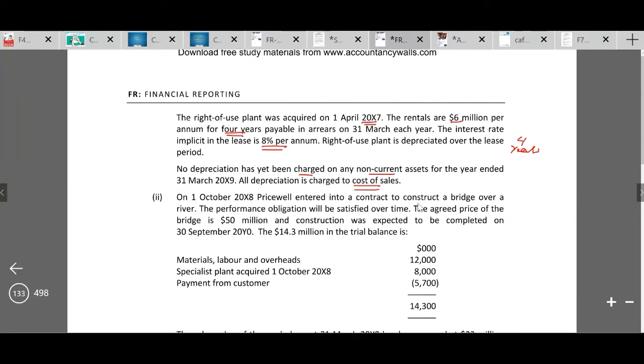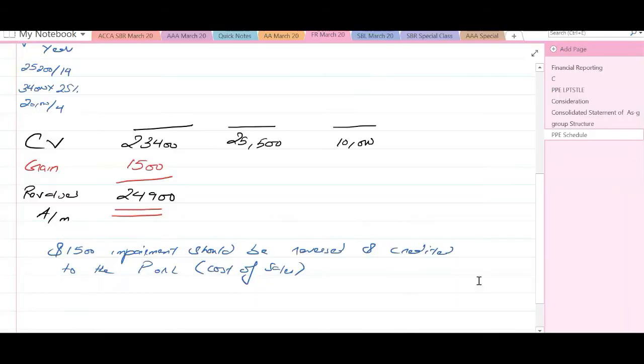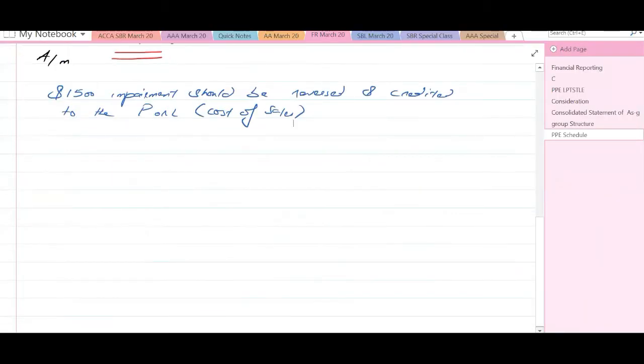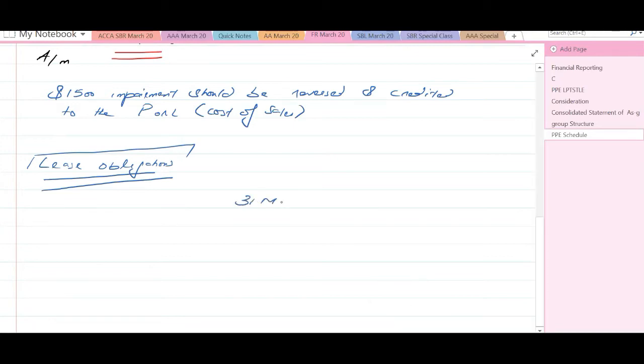All right, and then you have the right of use plant. Okay, we have calculated the depreciation, but now we'll do the lease obligations working. Lease obligations. So we have 31st March 20x9. So first of all, remember the opening balance of the lease obligations.